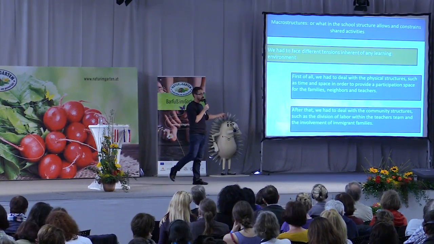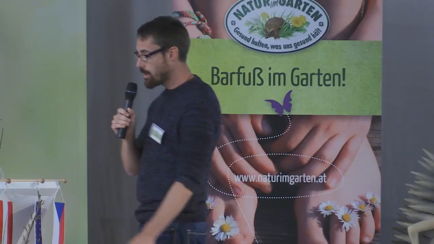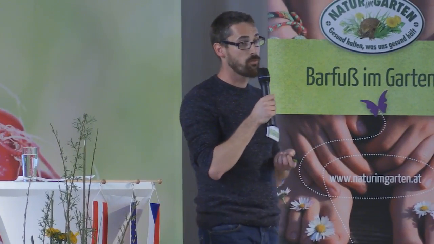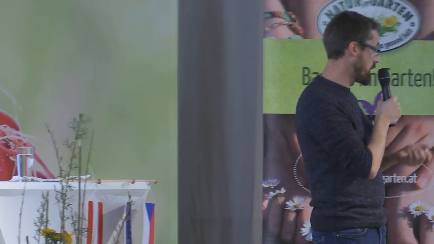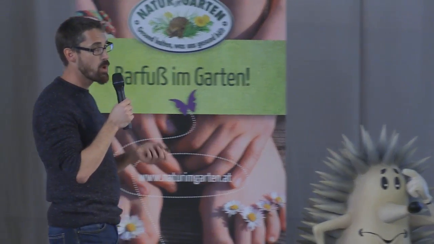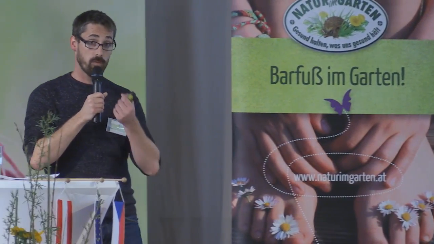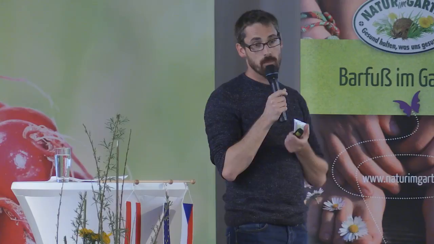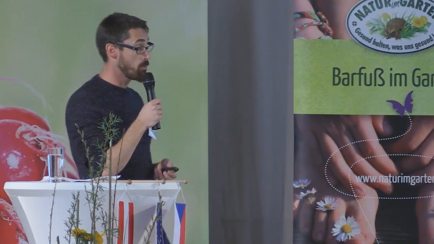We had a lot of people from Morocco, and we had a lot of difficulties involving the mothers in this project. So finally, we realized that maybe the vegetable garden is not the best way to involve these people from different countries, but cooking vegetables maybe is a better way to involve them.